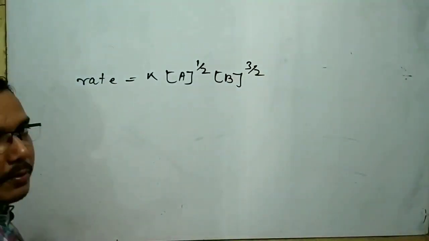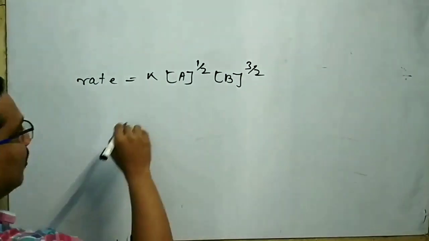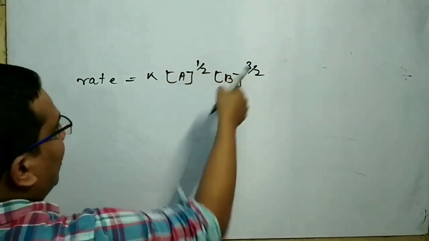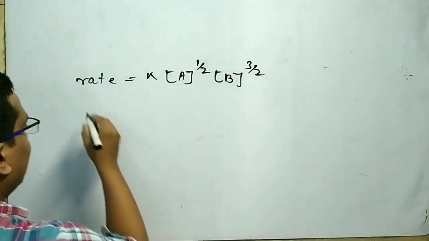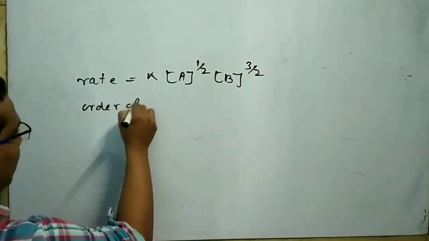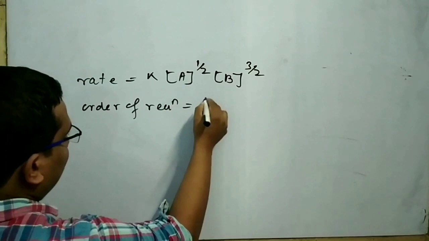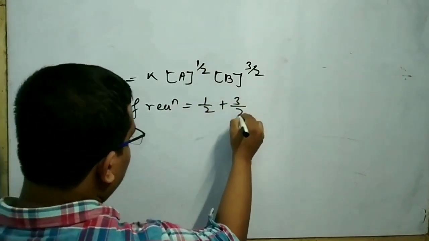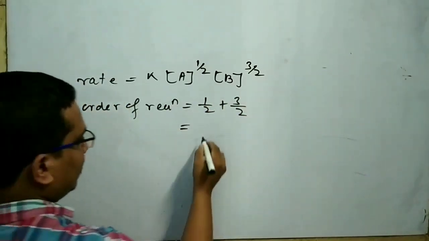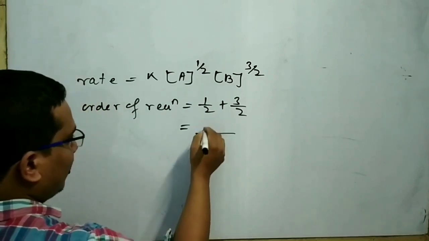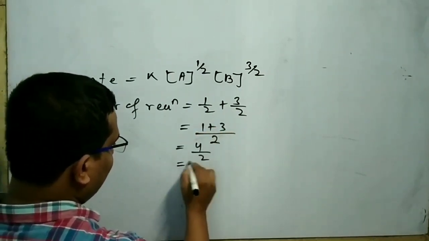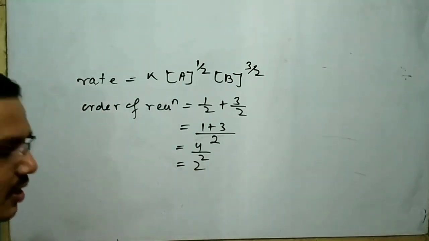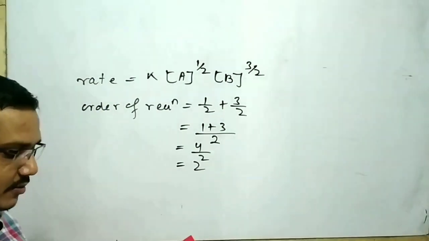For calculation of order of reaction, we add the powers of the concentrations of the reactants. That means the order of reaction is equal to 1 by 2 plus 3 by 2. Now the LCM is 2. Here I can write 1 plus 3, that means 4 by 2 is equal to 2. That means the answer is second order reaction.